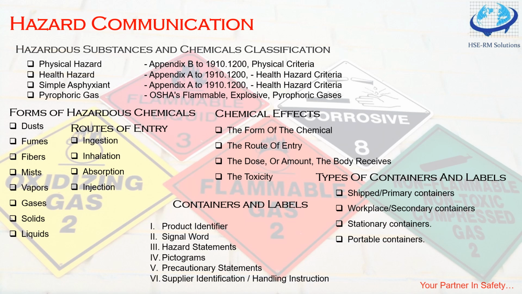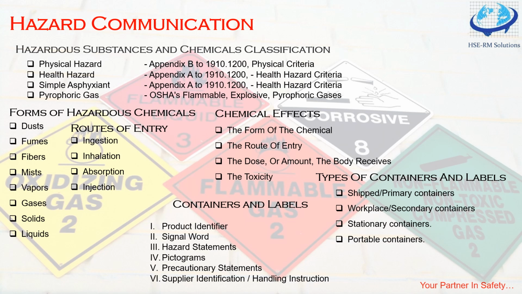Now, you might think that the chemicals which apply to the rule are those in liquid, gas, or a particulate form. Correct? But the standard's definition of chemical is much broader than commonly used. According to the HCS, that is the Hazard Communication Standard, chemicals that apply may exist in one or many forms.